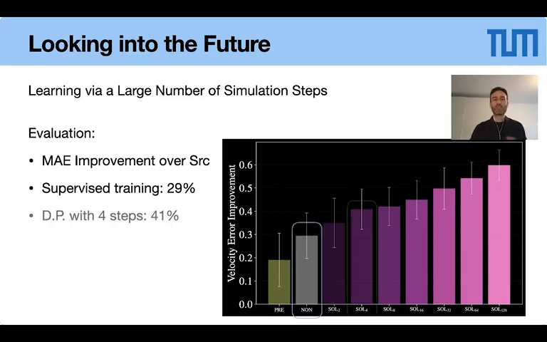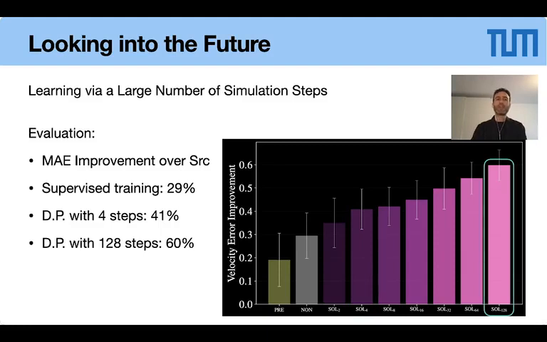If we do this training with the solver for 4 steps, we're already quite a bit better, it's 41%. In this case, it really paid off to have 128 simulation steps of the full fluid solver being unrolled in every training iteration. In this case, that gives an improvement of 60% over the source. So in this case, we're really more than halfway towards the reference states in terms of mean absolute error.